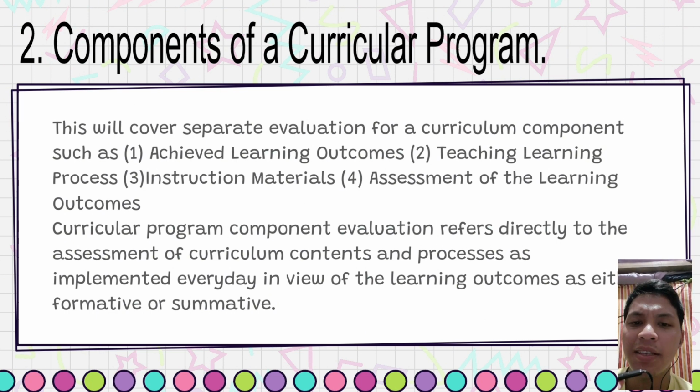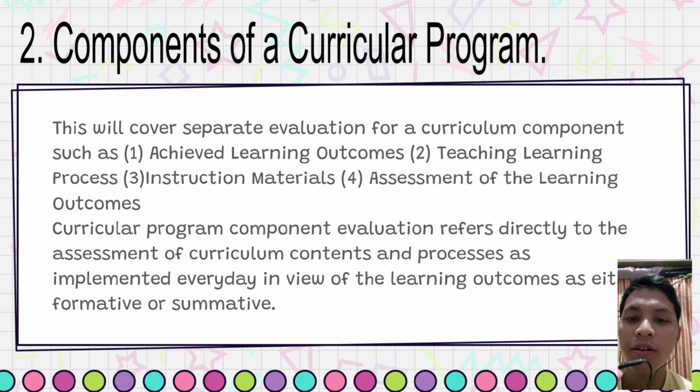This evaluates how teaching happens and how students learn. It's about understanding the methods used by the teacher and how well students engage and grasp the material. Number three is instruction materials. This focuses on the materials used for teaching, like books, resources, or technology. It examines if these materials are effective in helping students understand the content.